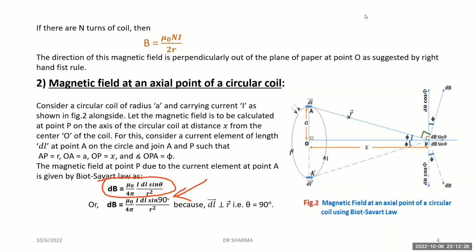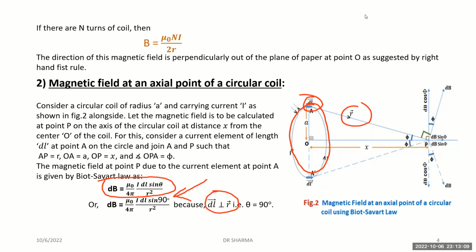Remember that dl is perpendicular to r because this r is parallel to the plane of our screen, and the plane of the coil is perpendicular to the plane of our screen, and dl is parallel to the plane of the coil. So dl is always perpendicular to r vector in this case at every point on the circumference, wherever you take. So theta is 90 degrees.